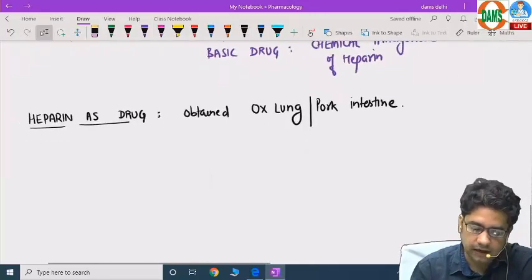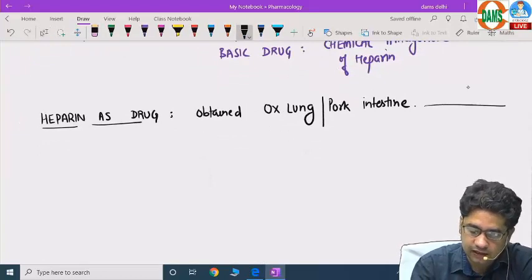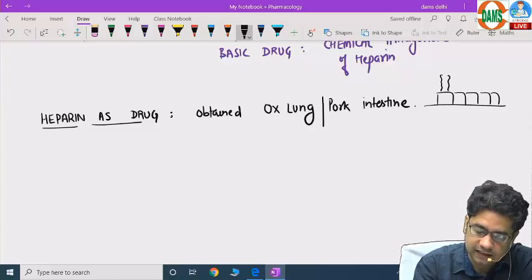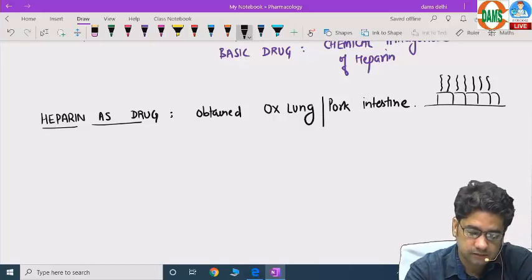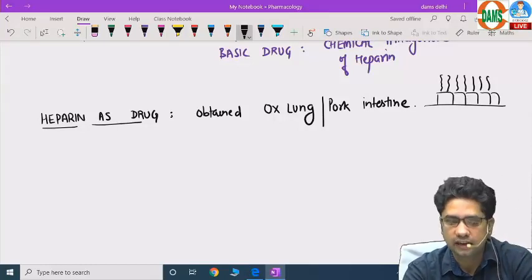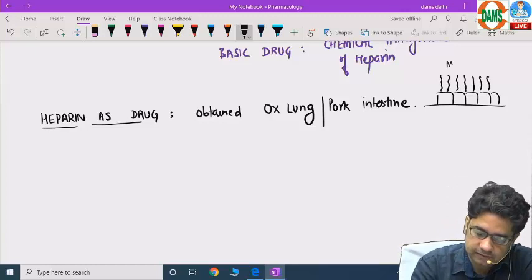Why? Because in us also it is on the lung and intestine. Suppose these are the epithelial cells of their intestine; heparin is attached like this. Now it is a mucopolysaccharide. You don't have to remember this part.